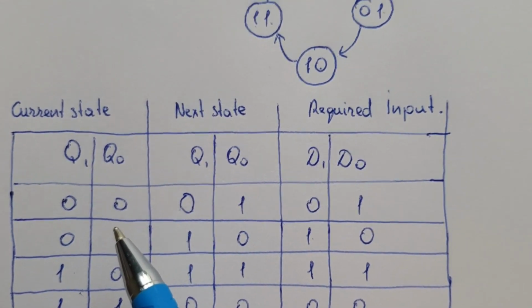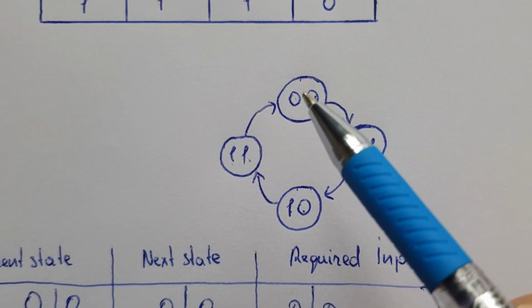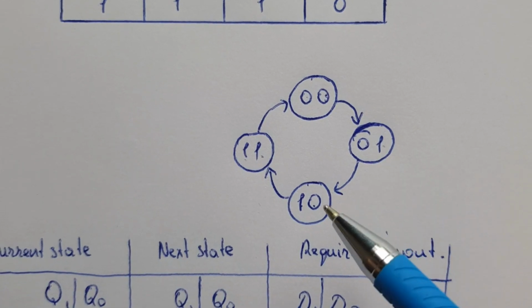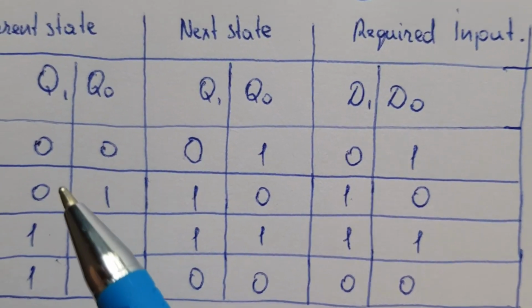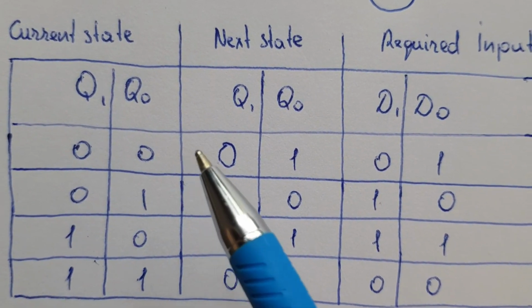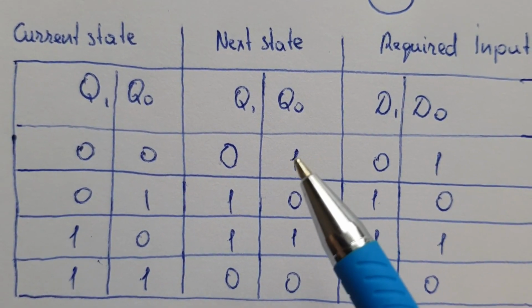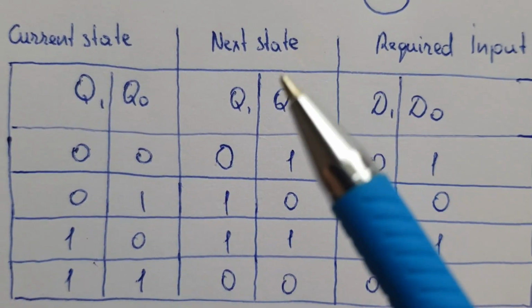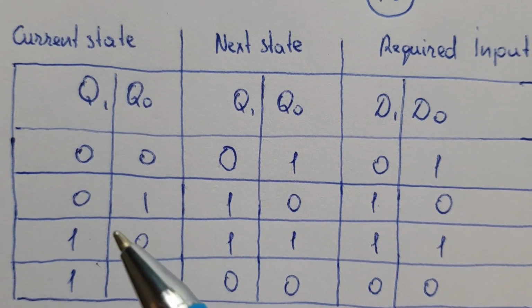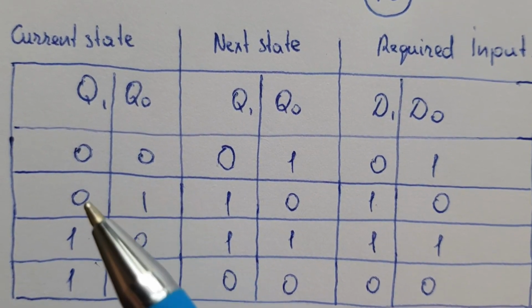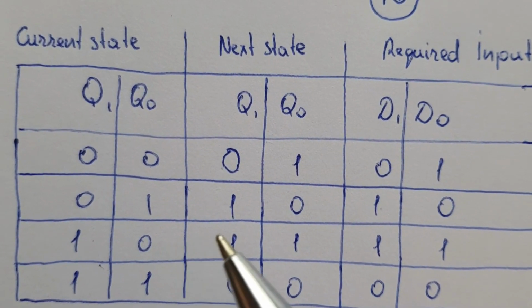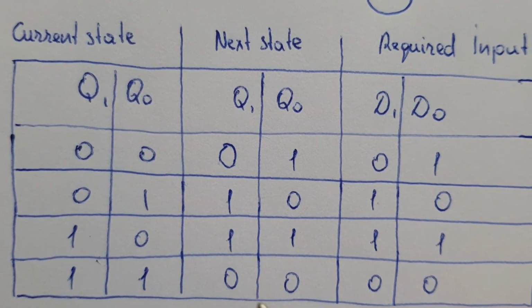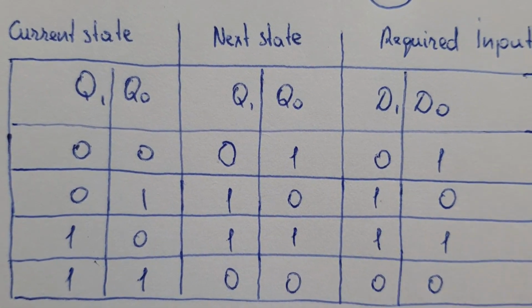As we said in the state diagram, we have to go from 0 0 to 0 1 to 1 0 to 1 1. If our current state is 0 0, we want to go to the 0 1 state. We fill all these parts like this: from 0 1 to 1 0, from 1 0 to 1 1, and from 1 1 to return to the 0 0 state.